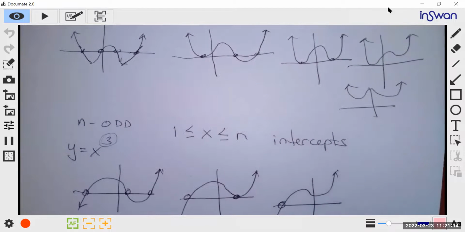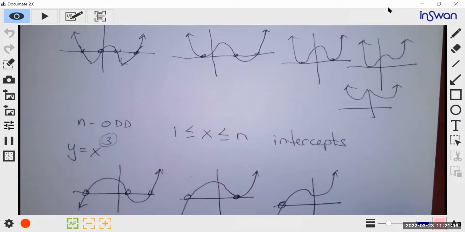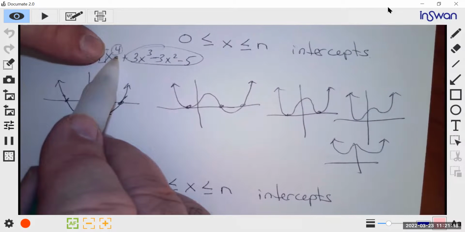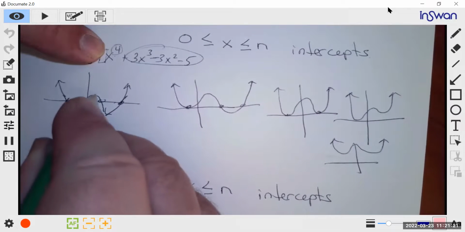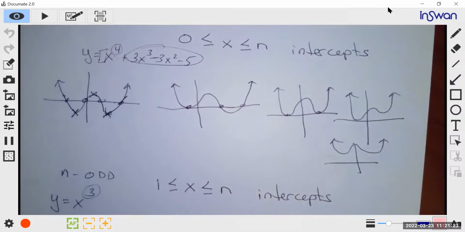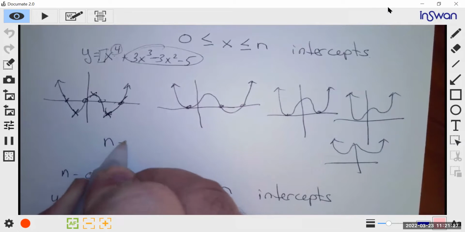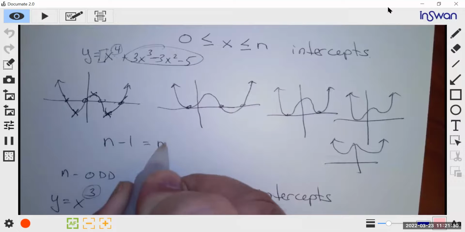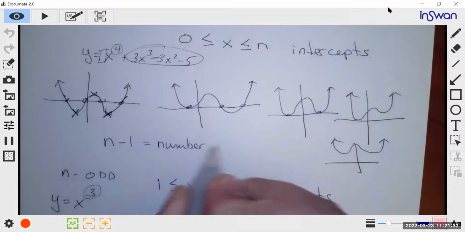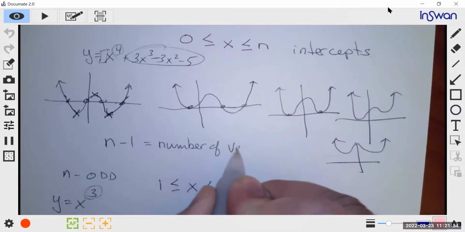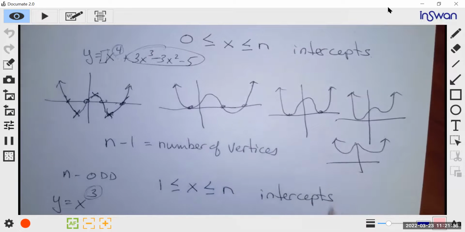The degree also tells us the number of vertices. So the degree is 4. N minus 1 is the maximum number of vertices.